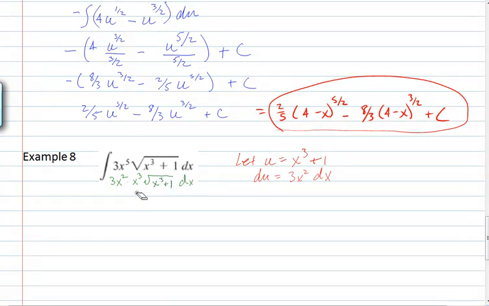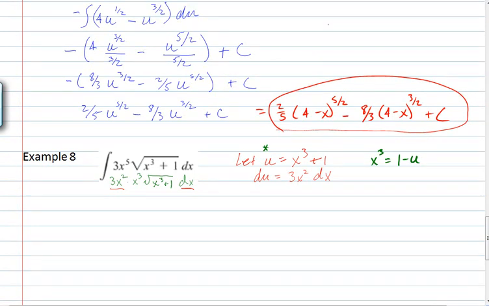What can I plug in for that x cubed? Because this part is going to be eaten up with the du. I can solve this right here for x cubed. x cubed is equal to u minus 1.